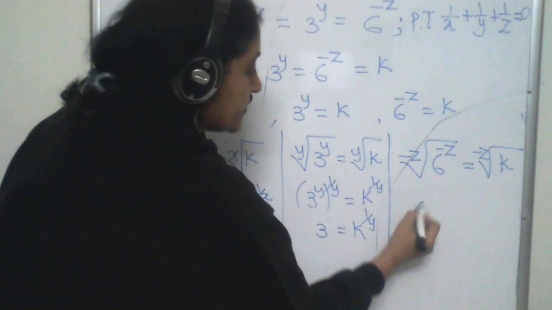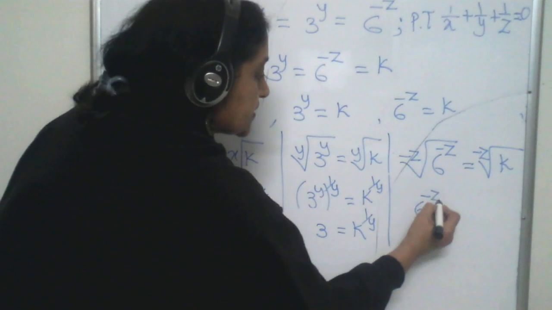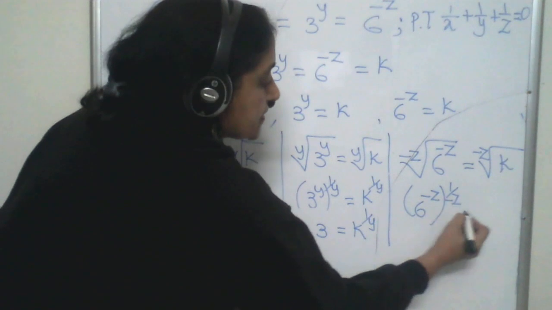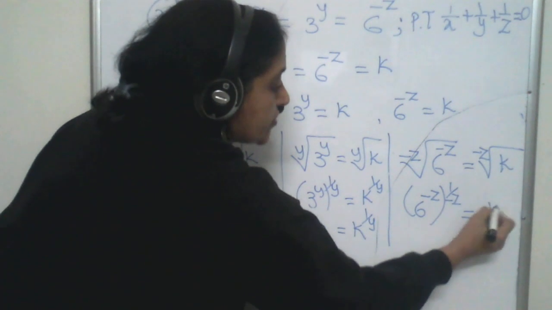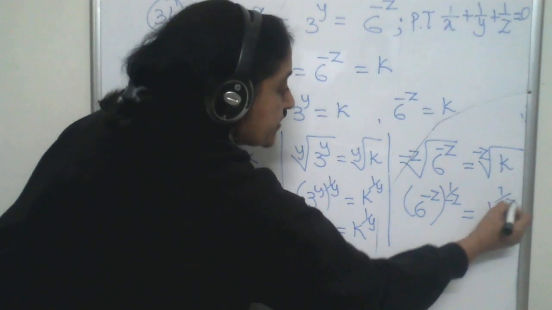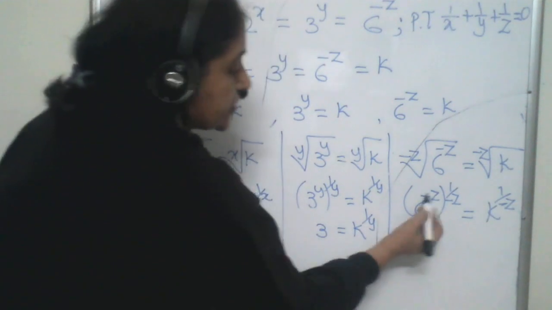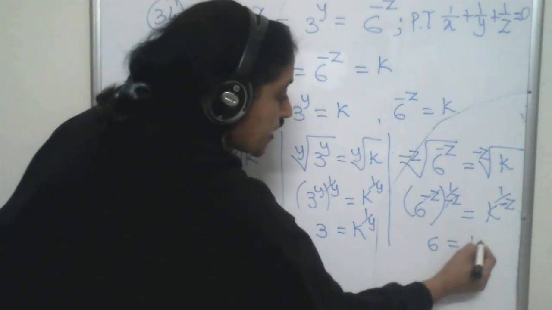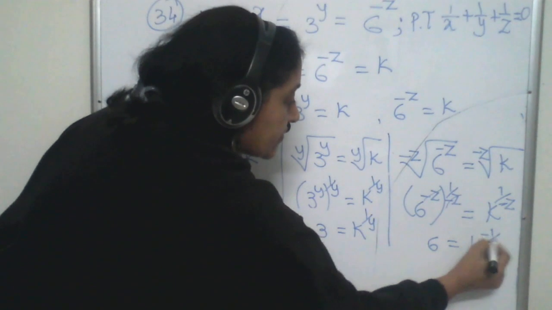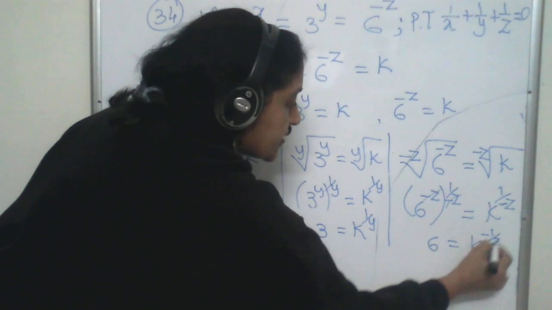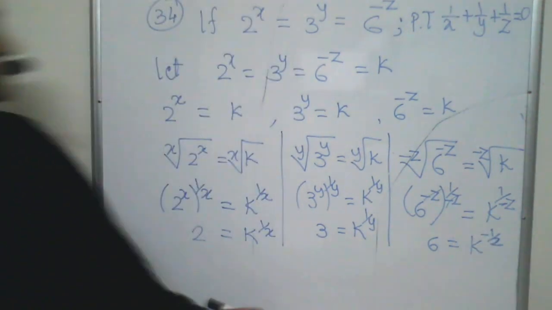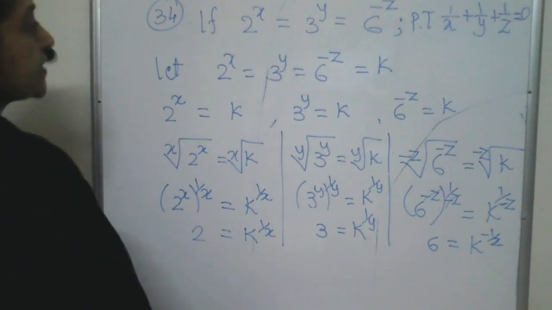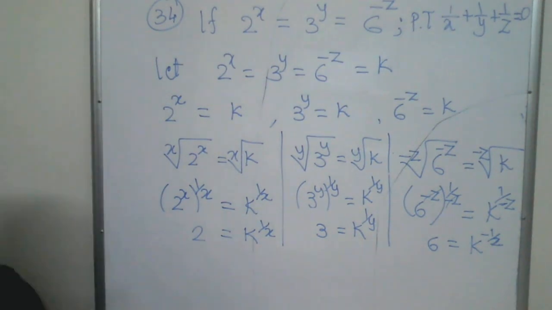Now here it will be 6 to the power minus z raised to the power 1 by minus z is equal to k to the power 1 upon negative z. Now here this z will get cancelled. So you will get 6 is equal to k to the power minus 1 upon z. Now after this, I'll take it to the top and do it.